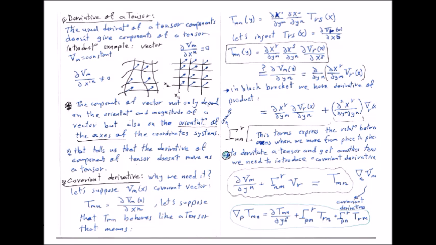Gamma, as I told previously, is called the connection and also the Christoffel symbol, and it plays an important role in gravity, in general relativity, as we will see in a few lines. Another example is the covariant derivative of a tensor of type 1,0.